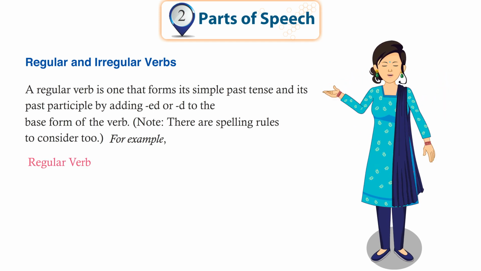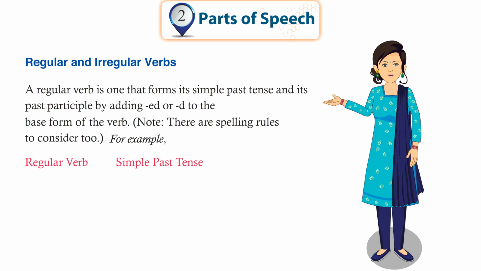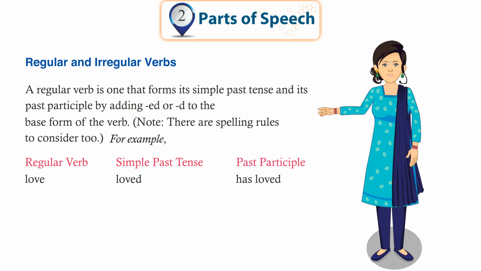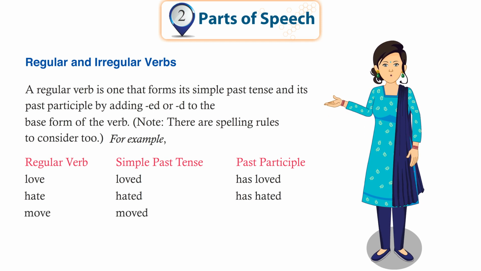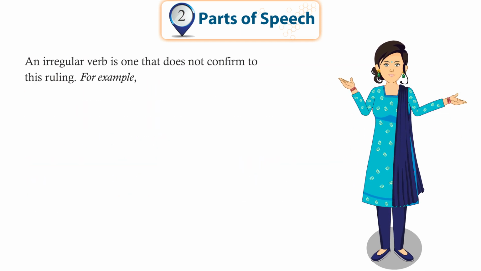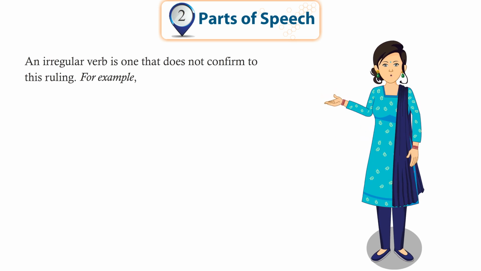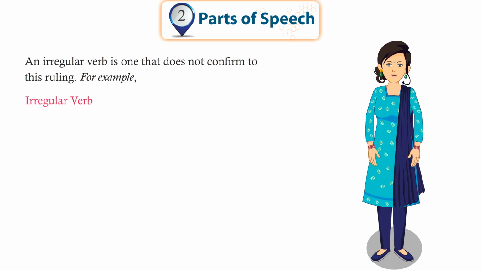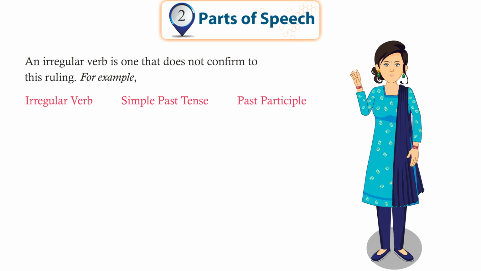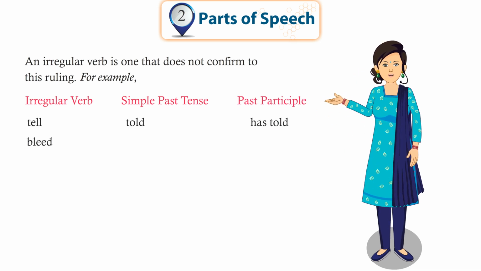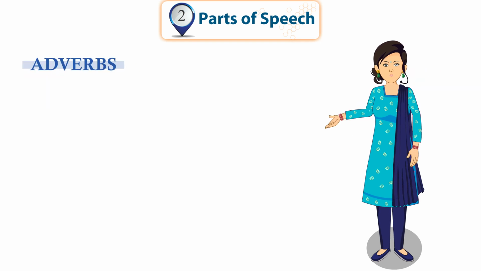For example, regular verb, simple past tense, past participle: love, loved, has loved; hate, hated, has hated; move, moved, has moved. An irregular verb is one that does not conform to this rule. For example, irregular verb, simple past tense, past participle: tell, told, has told; bleed, bled, has bled.